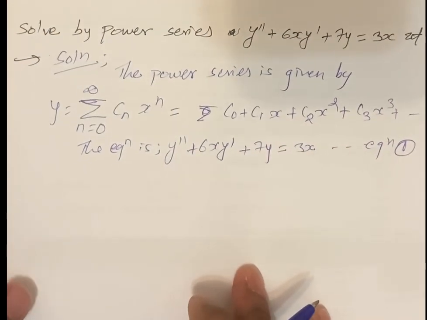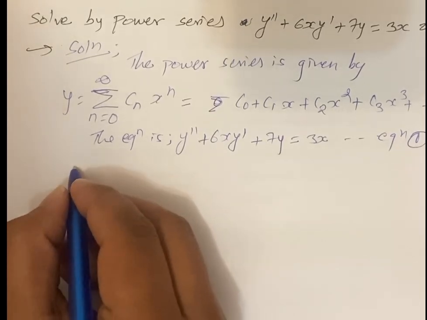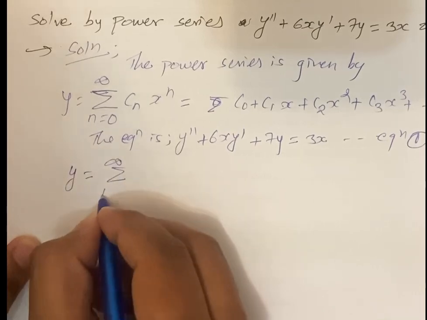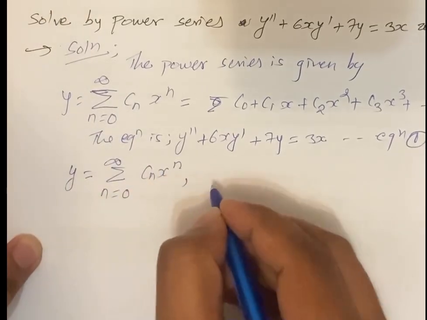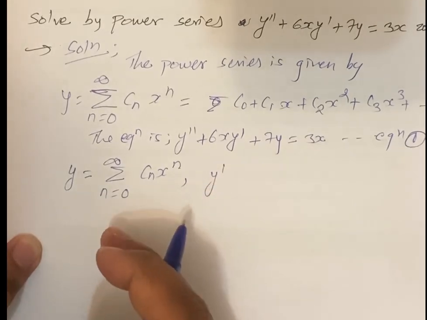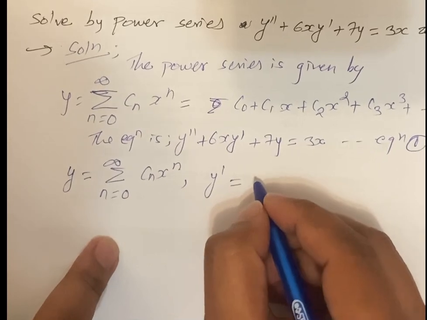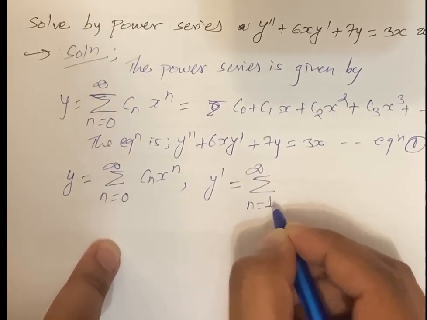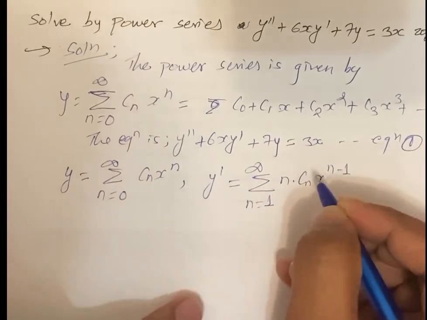Now let's solve this problem further. The power series is given by y equal to the sum from n equals 0 to infinity of Cn x to the power n. Then what about y dash? We just differentiate this, and we get the sum from n equals 1 to infinity of n Cn x to the power n minus 1.